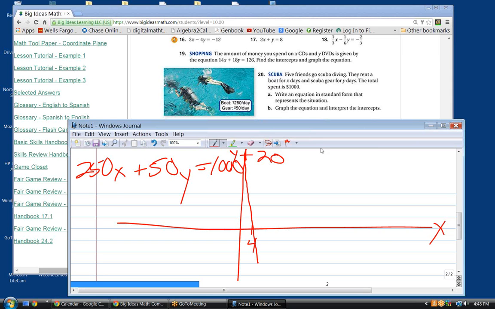And the total cost would equal 250x plus 50y. If x and y are the same thing, then that would be your total cost. Interesting. Okay.